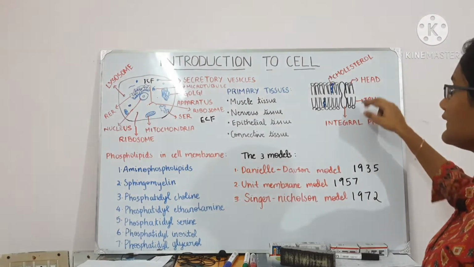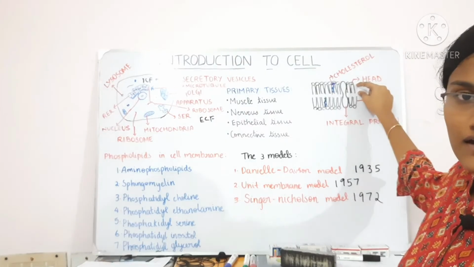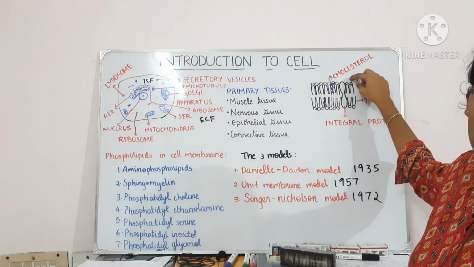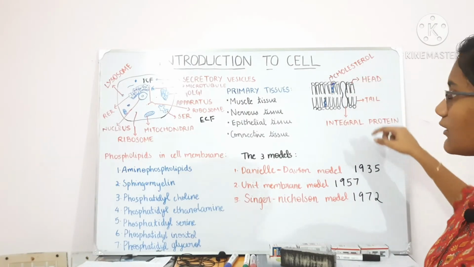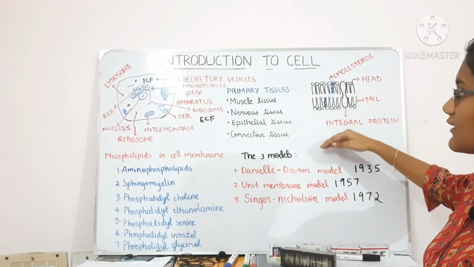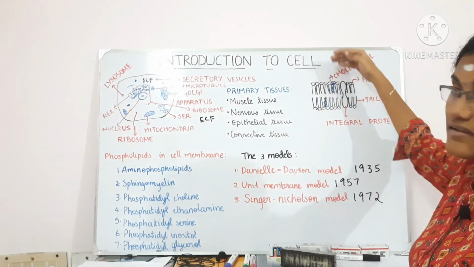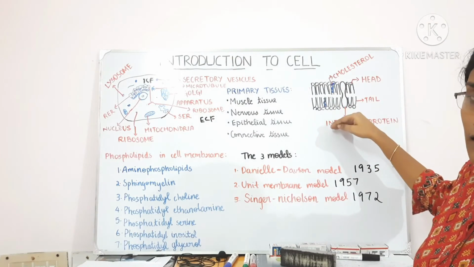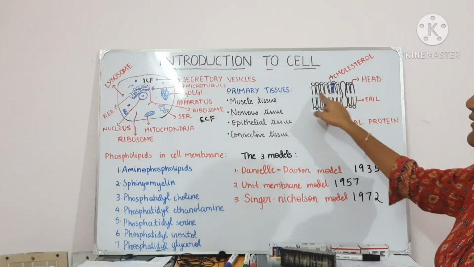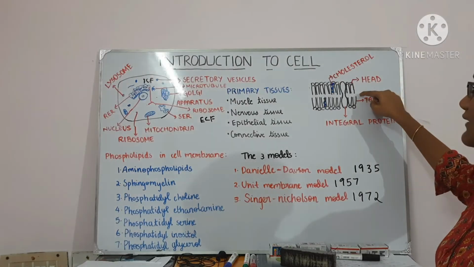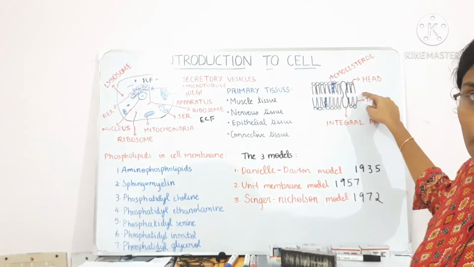The tail is the water fearing part or the hydrophobic part, and the head is the water loving part or the hydrophilic part. The head always faces the extracellular fluid, and on the inner leaflet it faces the intracellular fluid. The tails together form the central portion, and the tail is the water hating part or the hydrophobic part.